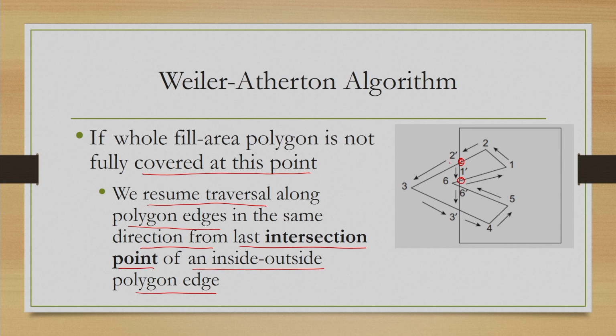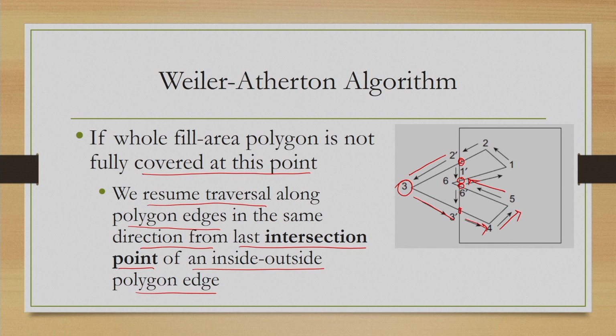So, here we traverse in the anti-clockwise direction to the vertex here. So, we traverse this edge, then this edge, but here as you can see there is an outside to inside crossing. So, we do not do anything, we keep on traversing this way, this way. Now, at this point we can see that one inside to outside crossing is there.